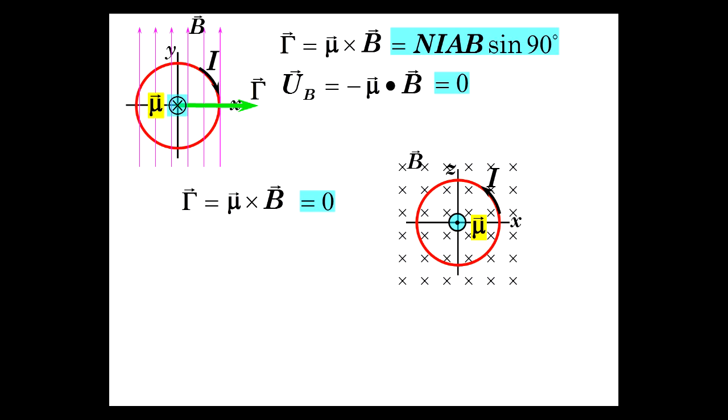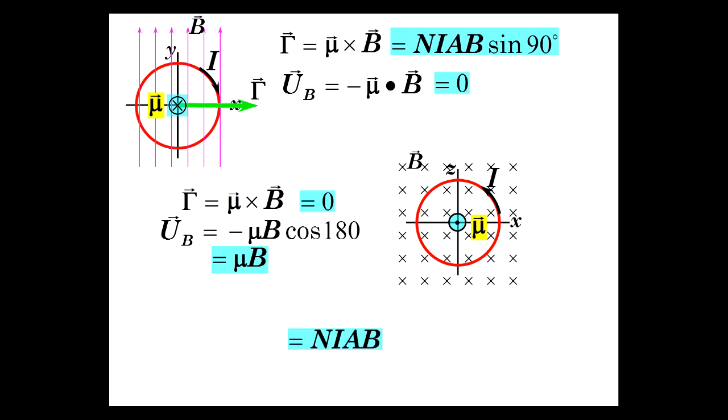Remember, the torque always acts to align them, so the energy is in a maximal configuration, because this dipole moment wants to rotate all around 180 degrees to line up with the magnetic field. So minus mu B cosine of 180, the angle between mu and B, gives you mu B, the maximum value for the potential energy in this configuration. Or in any configuration, it's the maximum possible for this scenario. NIAB.